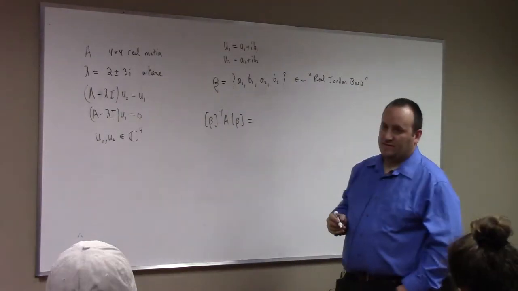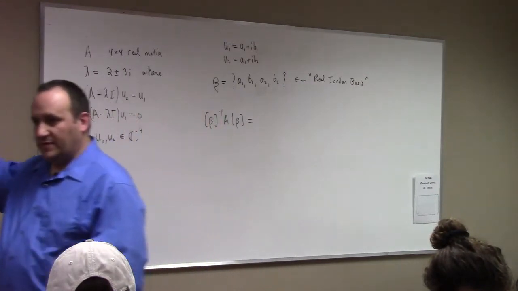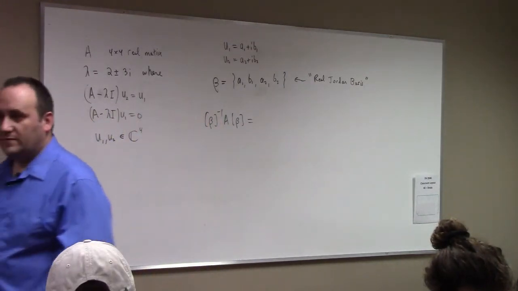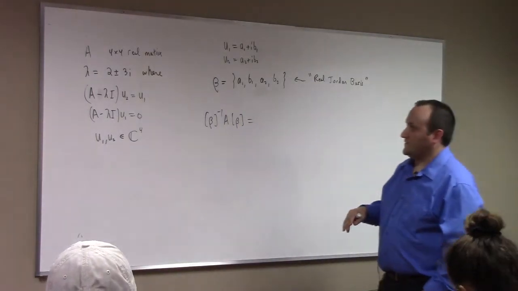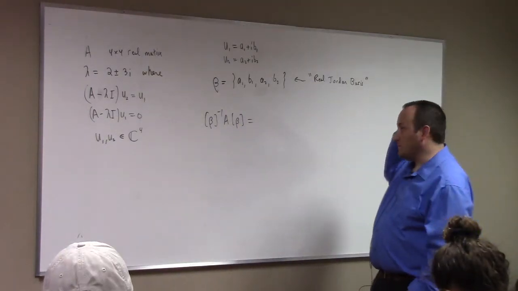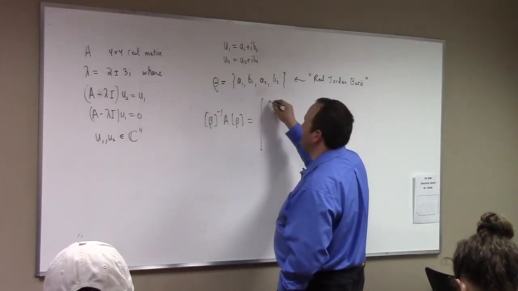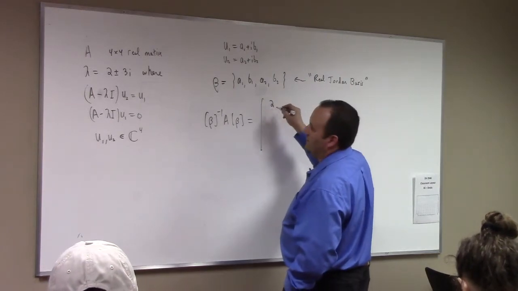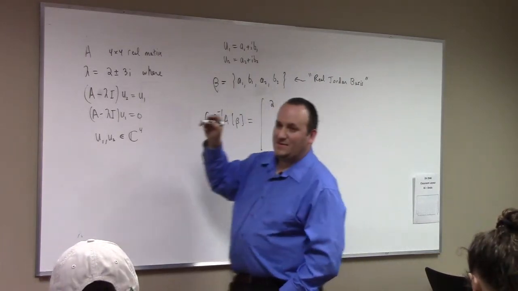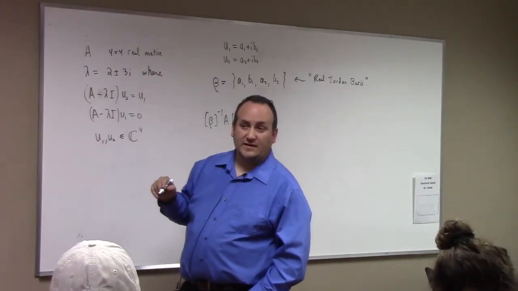So the real Jordan basis, we take the complex eigenvector, and we just string out the real part, the imaginary part, the real part, the imaginary part, starting with the eigenvector, going to the generalized eigenvector, in this case, order 2. And we worked out what we get. Oh, I got 2 and 3, right? I need to make a choice. Do you guys want to choose the plus or the minus?